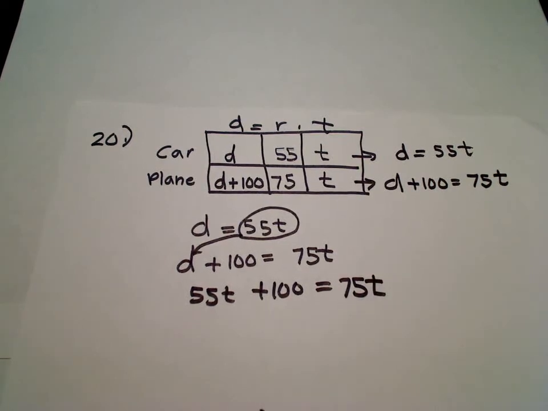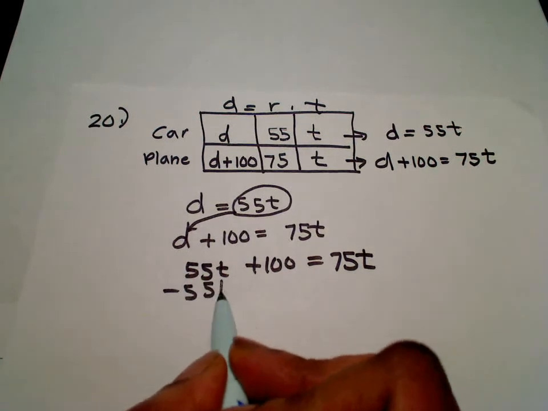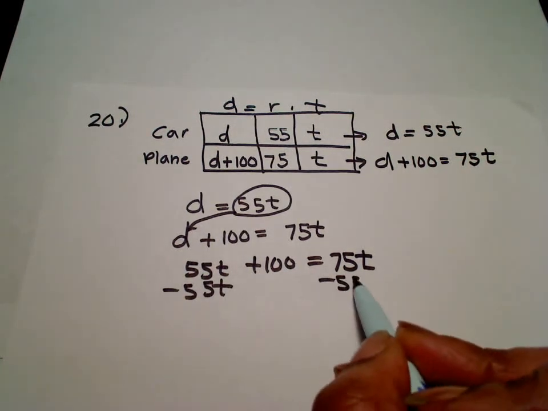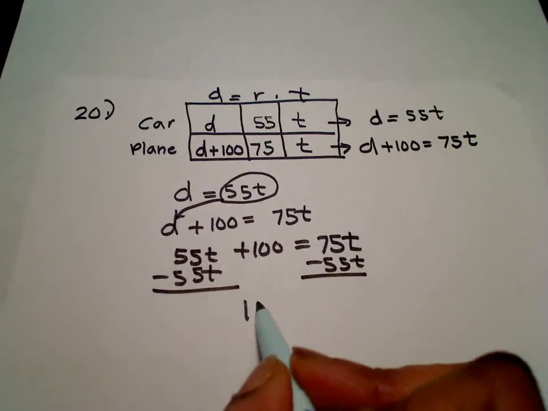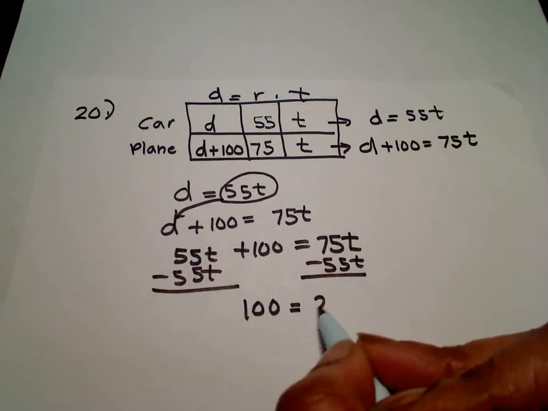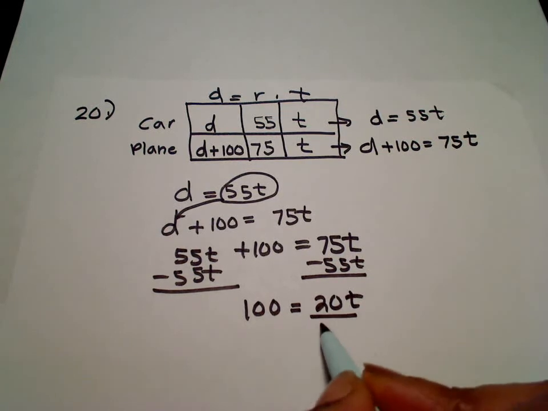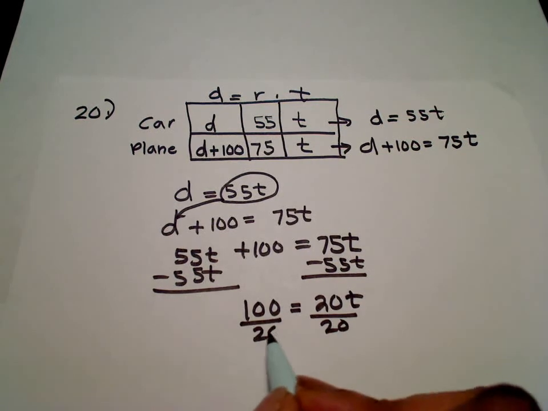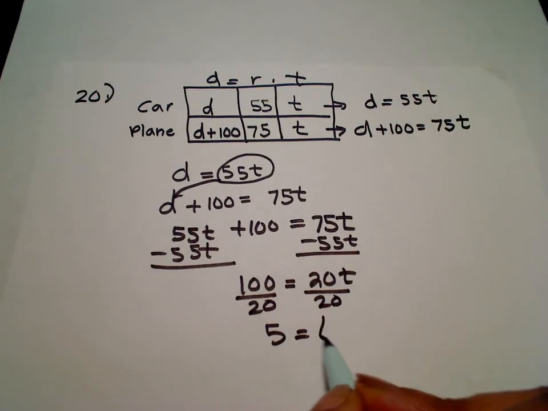Once again, you're going to want to solve for t. I'm going to subtract 55t from both sides and end up with 100 equal to, when I subtract that, 20t. Now, next thing I'm going to do is divide by 20. And when you divide by 20, I end up with 5 is equal to t.